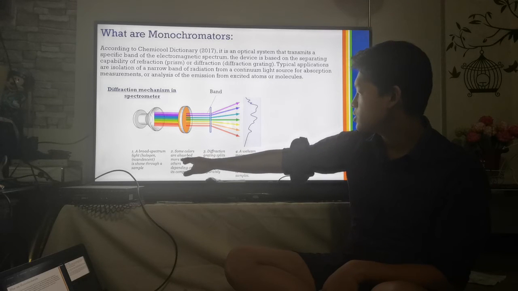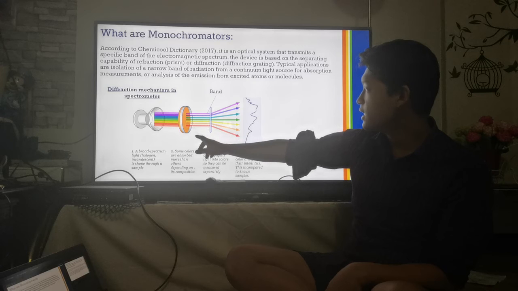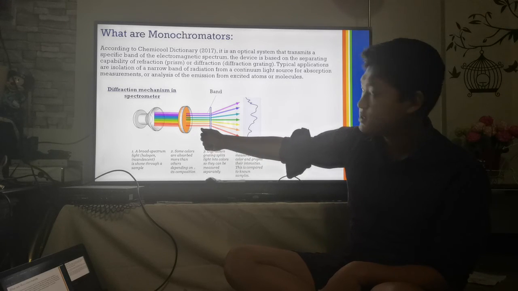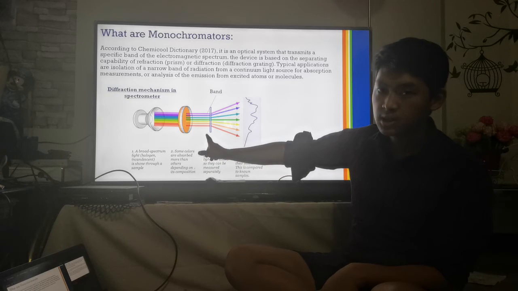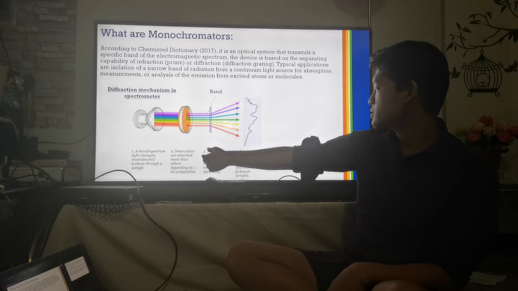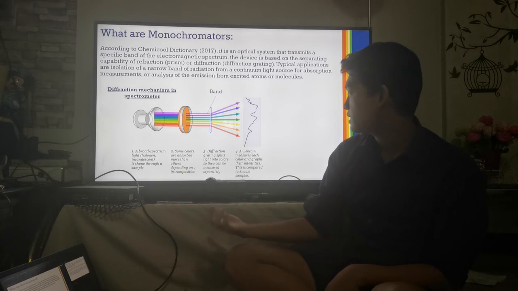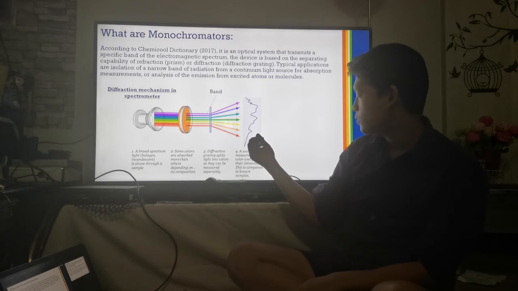Some colors are absorbed more than others depending on its composition. Then the monochromator, specifically the diffraction grating commonly used in spectrometers, splits the colors so that they can be measured separately depending on the analyte that we want to observe.